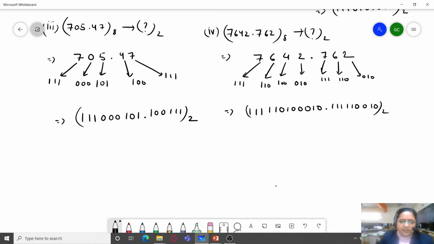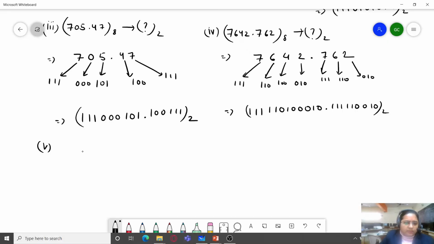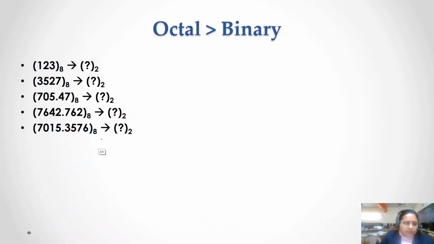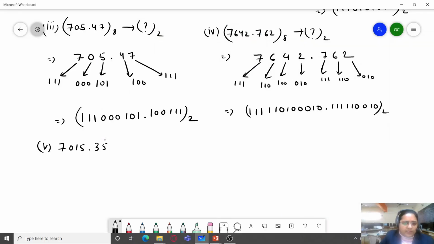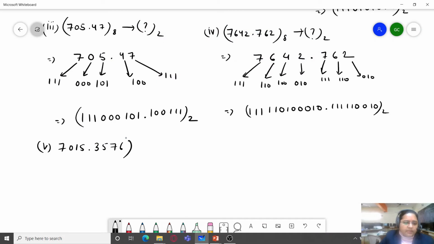One thing is clear from here, that octal representation is a bit shrunken form of binary representation. Using octal numbers can reduce the length of the number considerably, because every three binary digits correspond to one octal digit.